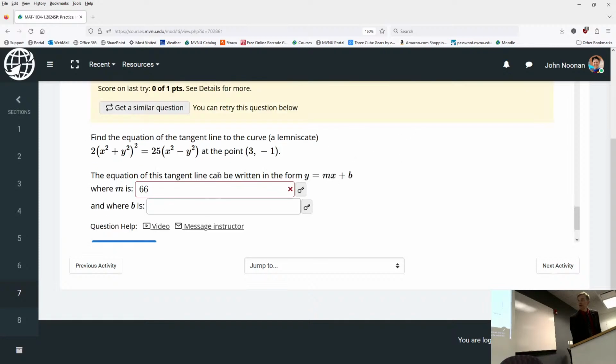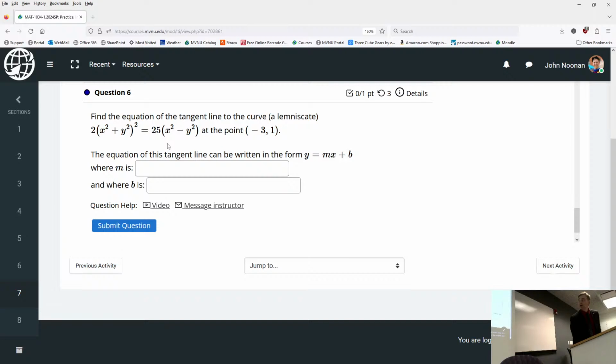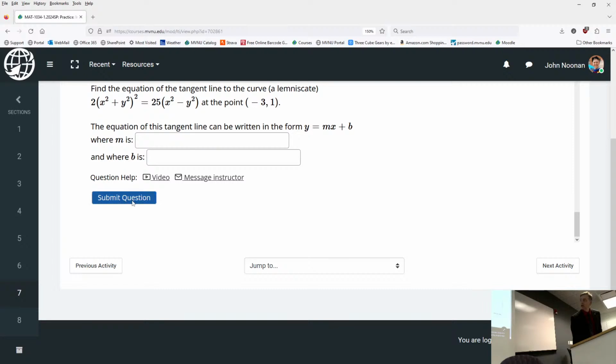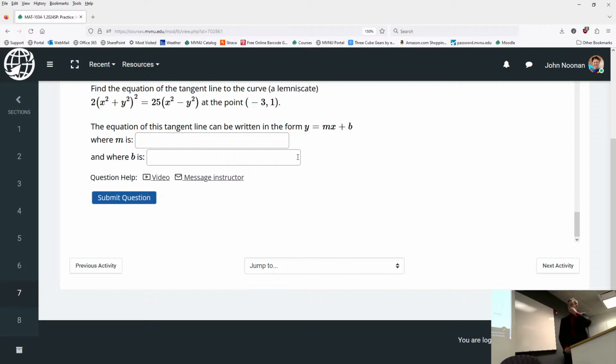Just a minute. Let me try one more time. Get a similar question. It's the same. This point is changing? I think it was 3 and negative 1. Well, whatever. But anyway, apparently they're going to be very similar to this.